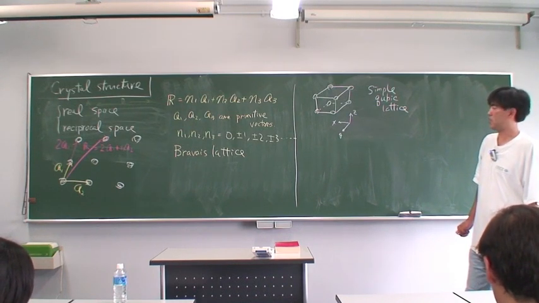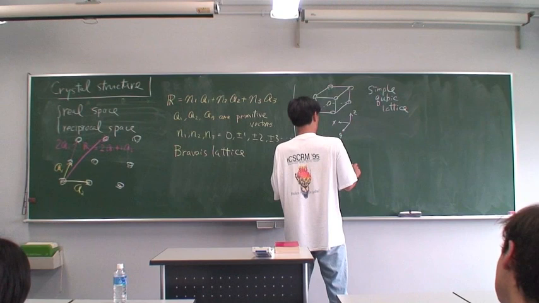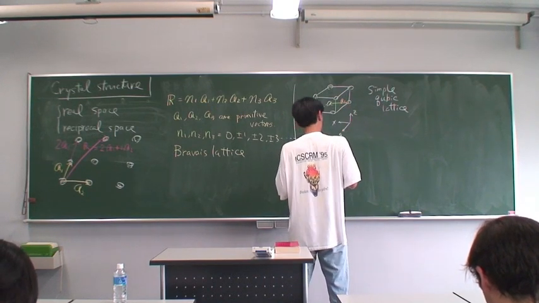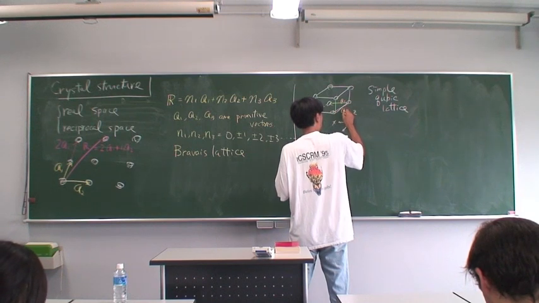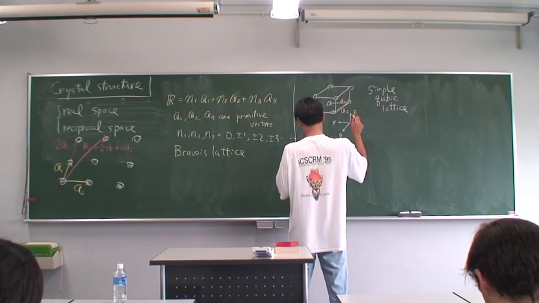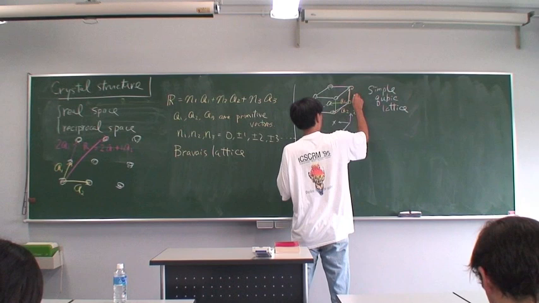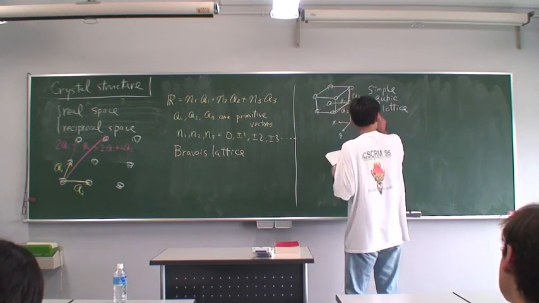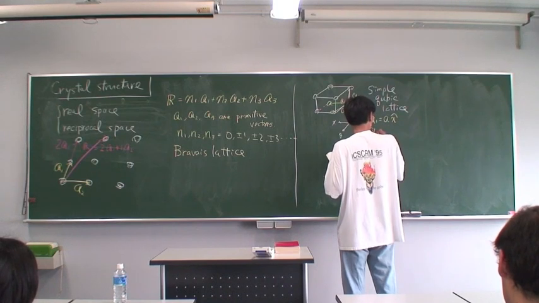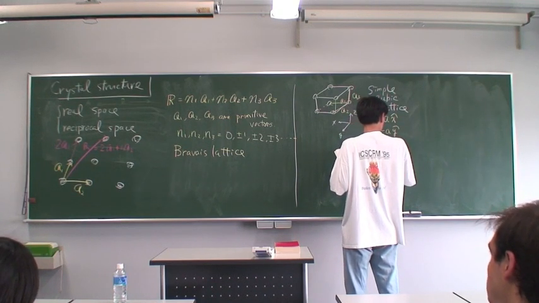If I define this as A1, this as A2, and this as A3, then A1 is a x-hat, A2 is a y-hat, A3 is a z-hat.